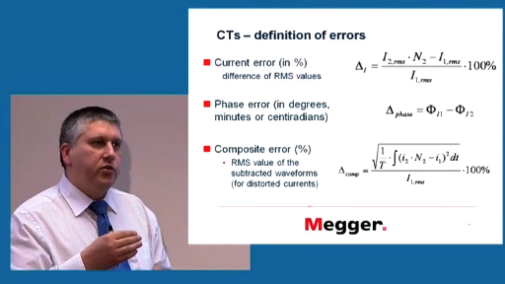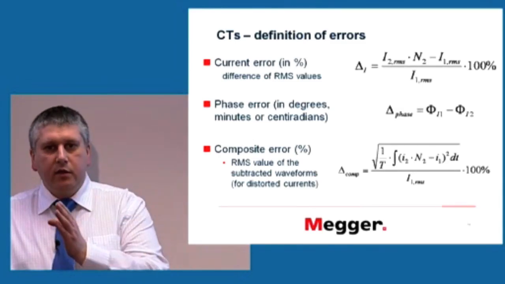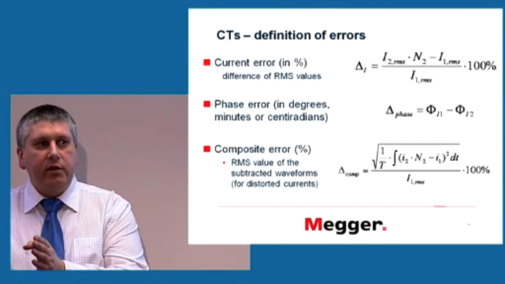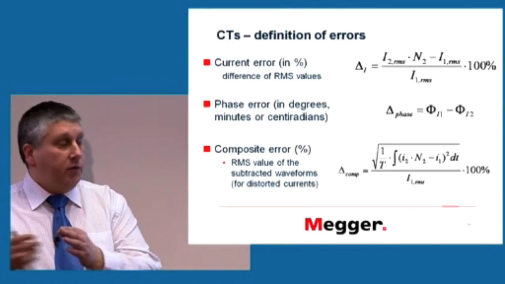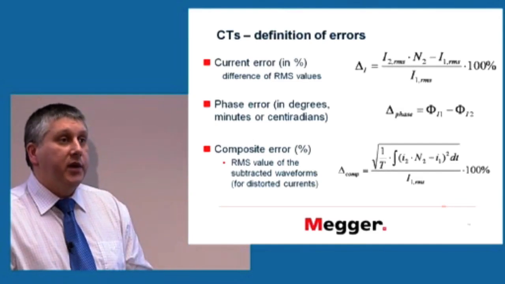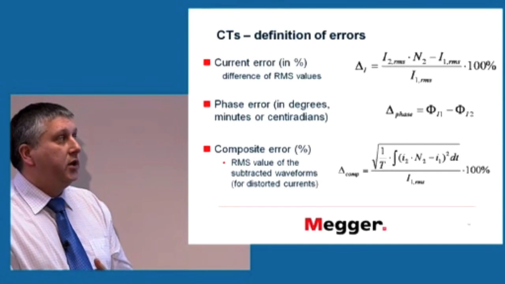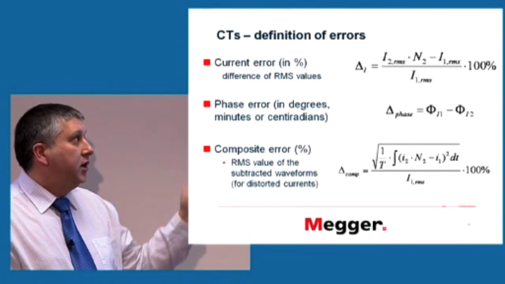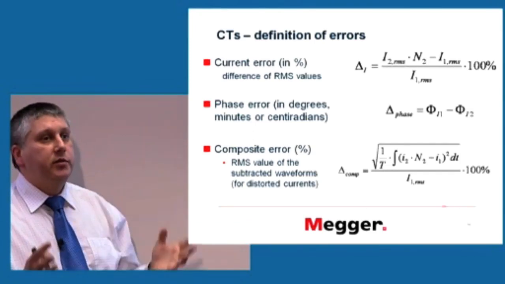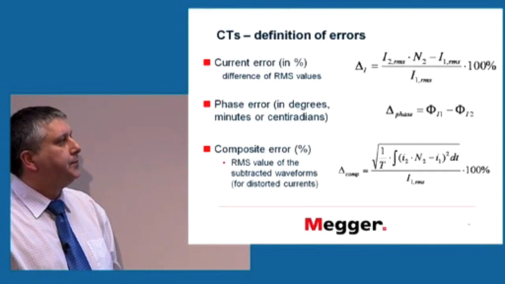So we can see whether, for example, if we have a square waveform of current, that waveform is being reflected well on the secondary, and is not distorted in a different way. If it's perfectly square, we will get zero error. But if the transformation is not done correctly, then we will see some error. Obviously, for sinusoidal waveforms, the composite error and the current error will be, by definition, the same if we work out the equations.